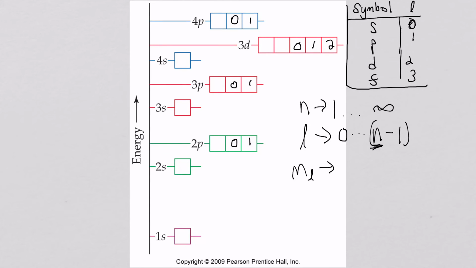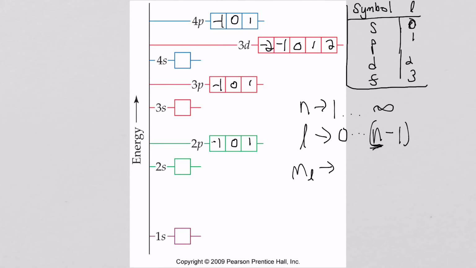And then if you go in the negative direction on the other side, you have minus 1, minus 1, minus 2, minus 1, and minus 1. So here I'm labeling all of these different degenerate states, starting with 0 in the middle, and I see how many there are available. In the case of the p states, I've got 3 available, and they are labeled starting at 0 and going 1 in either direction.